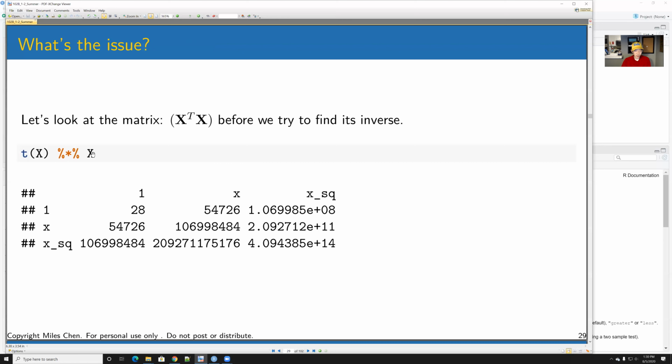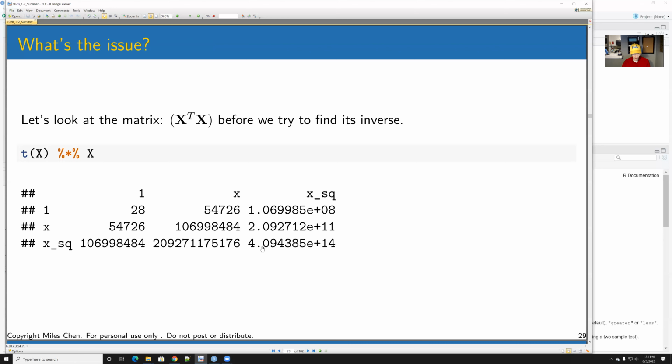When we do X transpose X, what happens? Remember X was something like the year 1895 or 1896 and the year 1900. When we square that, we get something like 3,610,000. And when we do X transpose X and create a 3 by 3 matrix, look how big this number is.